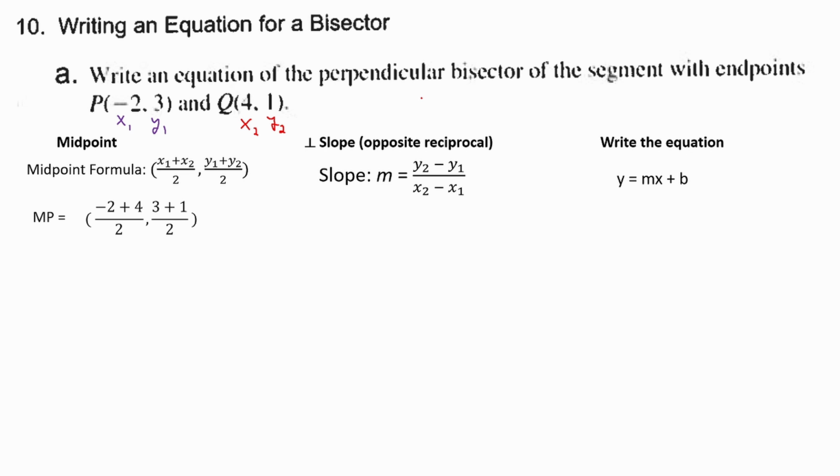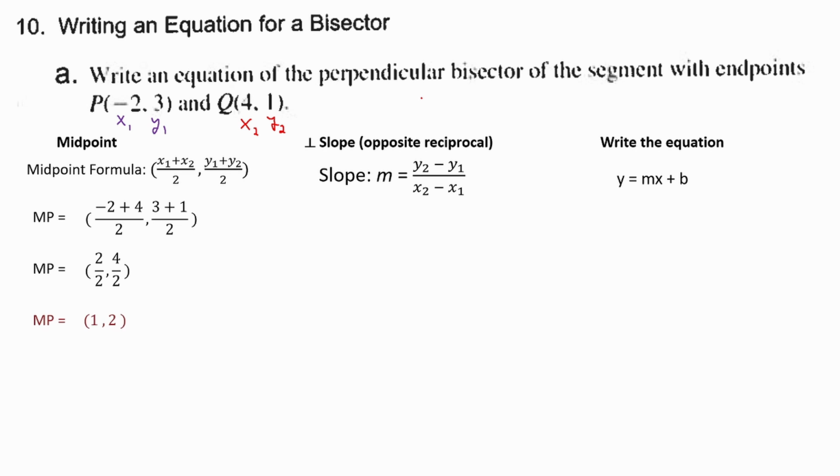And using this, if I plug these things into my midpoint formula, I'm using MP to stand for midpoint, then I have x1 is negative 2, x2 is 4, so I'm adding those together and then dividing by 2, and then same thing for y1 and y2, which is 3 and 1 respectively. So when I do that, it simplifies to 2 over 2 and 4 over 2 when I do the addition in the numerators.